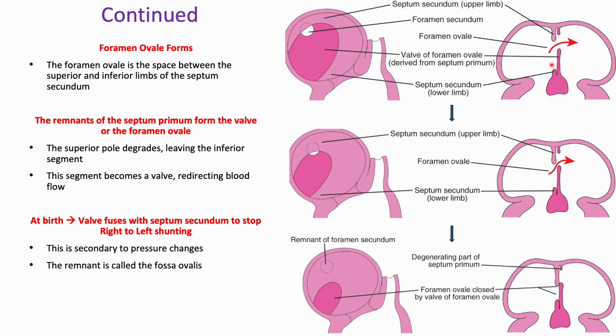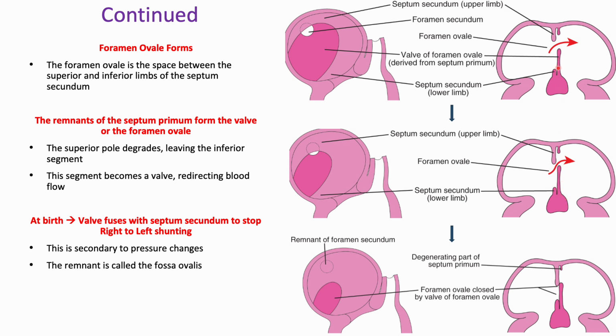Okay, so blood is able to flow through the foramen ovale and through the septum secundum, which we see here, through the foramen secundum, which we see here, to transmit from the right side of the atrium to the left side of the atrium. Now, over time, the remnants of the septum primum form the valve of the foramen ovale. So what we're going to see here is this structure.